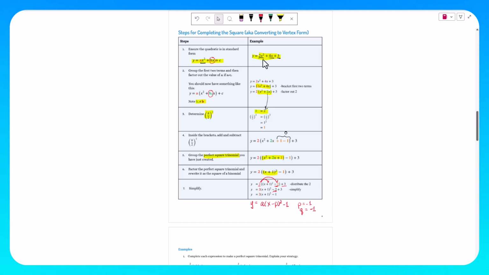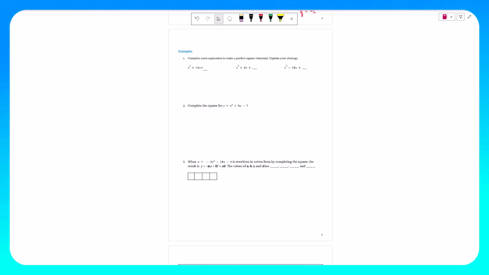So let's use our newfound method to convert some more quadratics into vertex form. So let's start with some examples here. In example 1, we're going to complete the expression to make a perfect square trinomial.